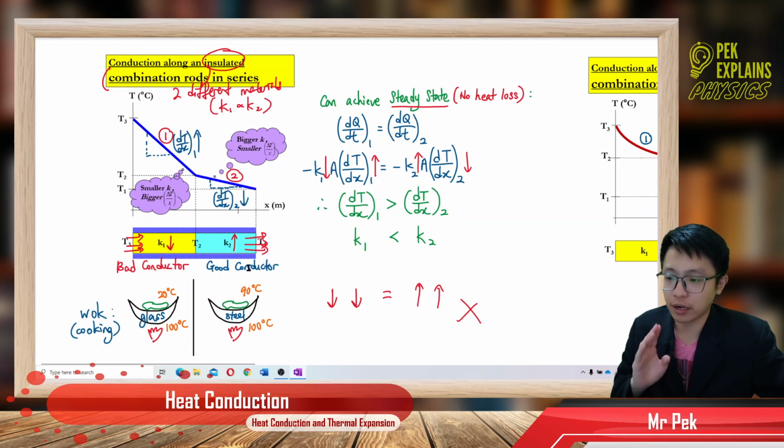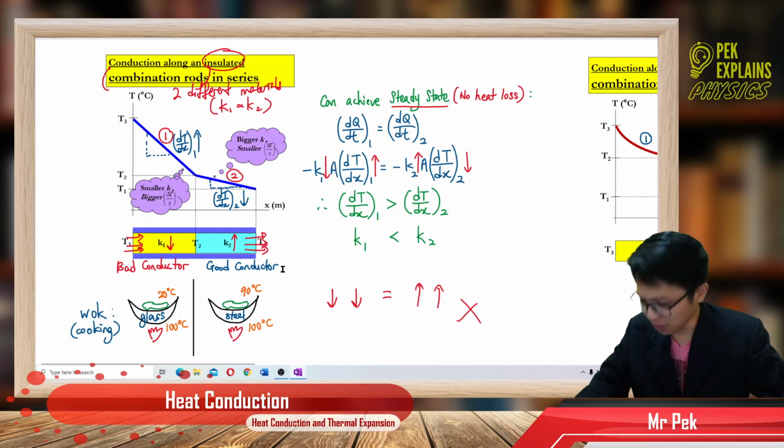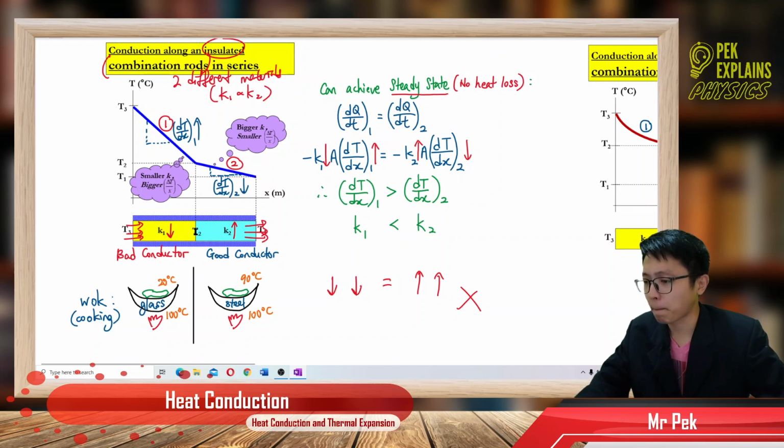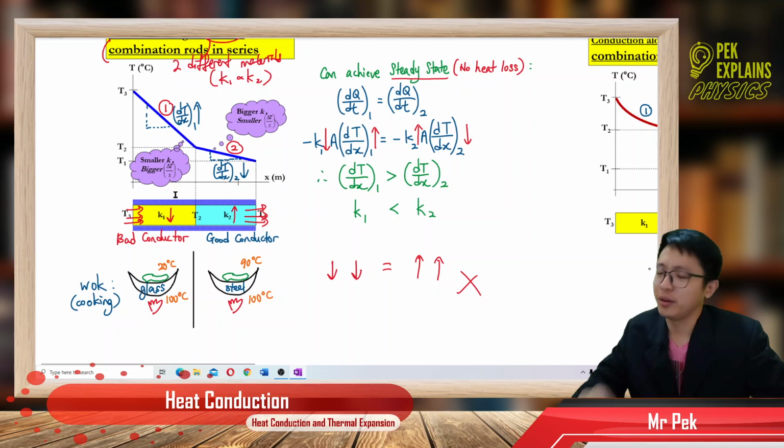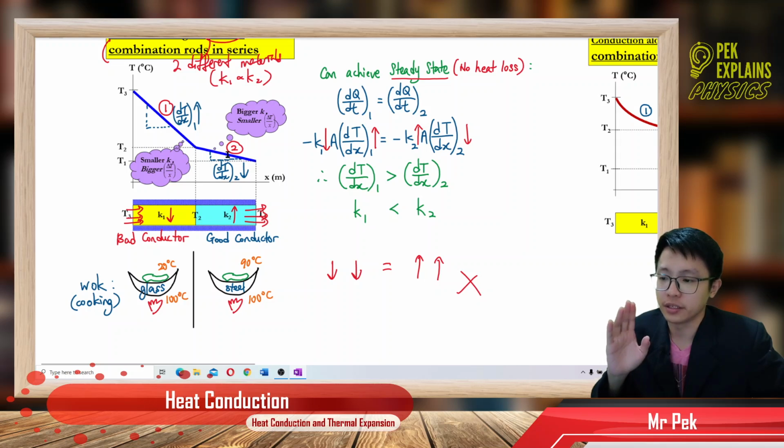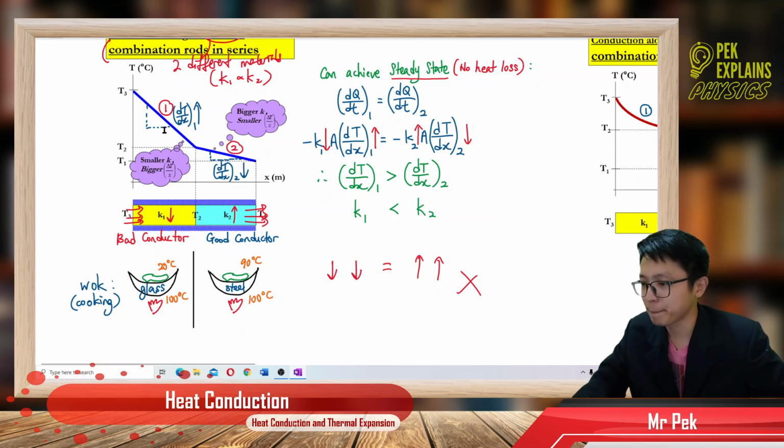The second part of the graph is a good conductor. How to understand more about this? Why does a bad conductor have a big gradient? Why does a good conductor have a small gradient? Let's talk about the concept.